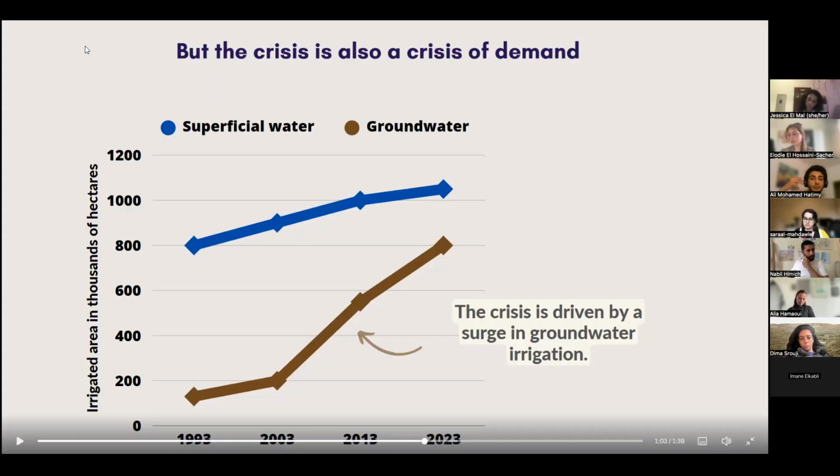There is also a crisis of demand, which means that before we were only, so this is the blue line, using water for irrigation from superficial water, so from the reservoirs and dams, which means that we were using water that was 100% renewable. Basically, we are using in 2024 the water that was stored in 2023 to irrigate certain areas of land.